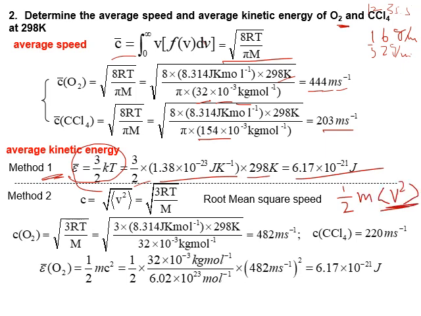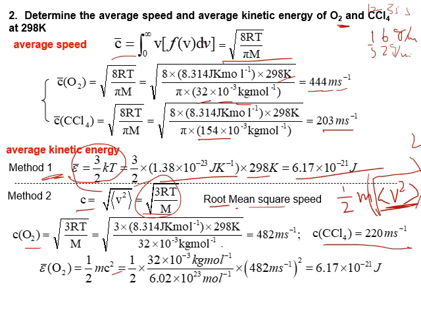This is the mean square speed. In statistics, when we square root it, it is called the root mean square speed, and then you have to square it to get the mean square speed. So calculate the root mean square speed using this equation for oxygen and for carbon tetrachloride, and then you square it.